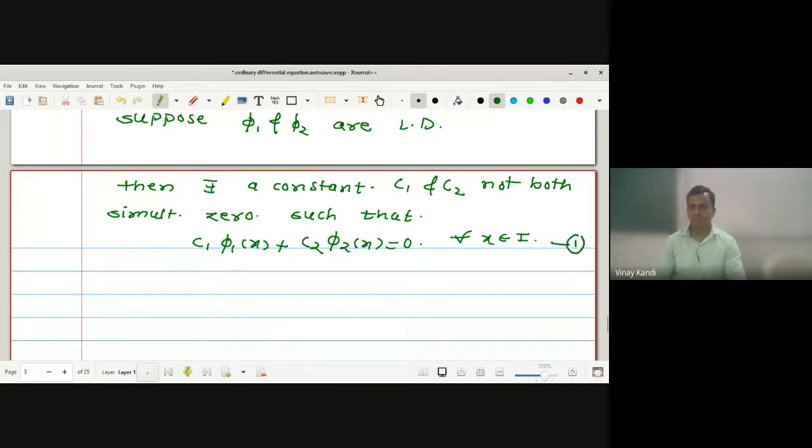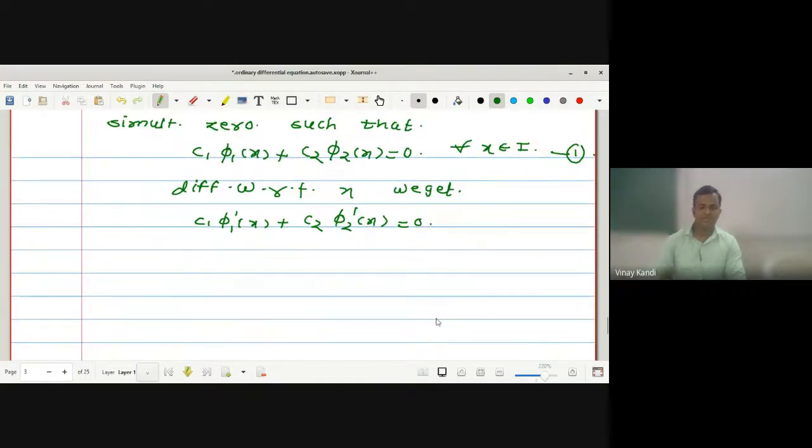Now differentiate with respect to x again. We get C1 phi1 dash of x plus C2 phi2 dash of x is equal to 0. Give it as equation number 2.